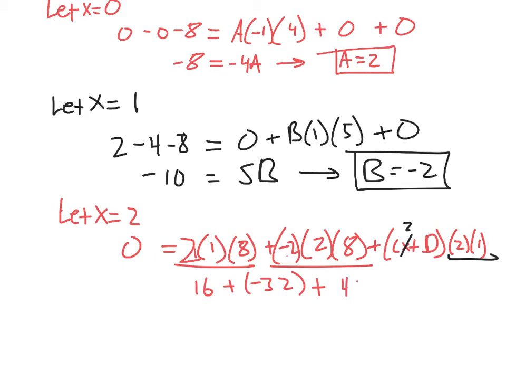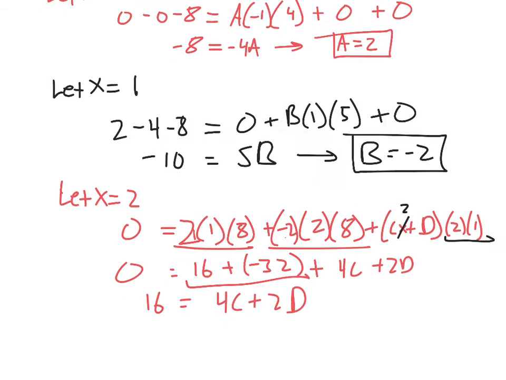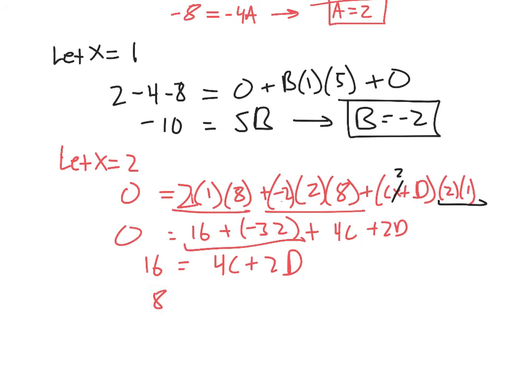That's going to be 4c, and then 2 times d, equals 0. And that's negative 16. Add that 16 over. We're going to get 16 equals 4c plus 2d. And how about if we divide everything by 2? We'll get, just to keep it a little simpler, 2c plus d.